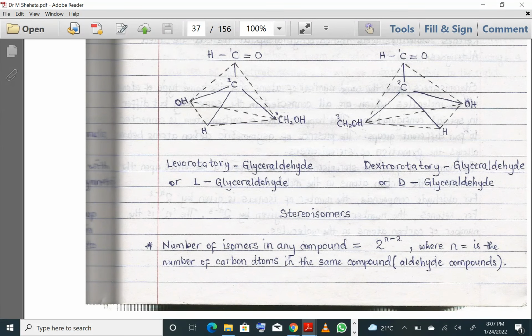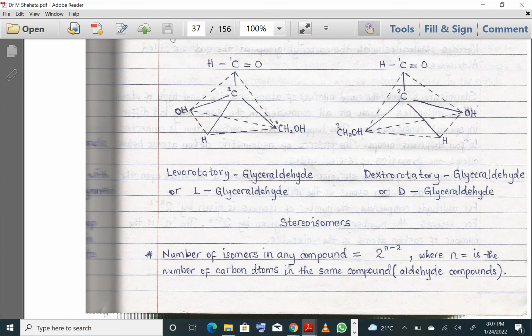Now, it's very, very important to have an idea of the number of isomers in any compound. And you may be wondering, why is there so much organic chemistry in biology? The reason is that, in as much as you enter the medical field, you learn about pharmacology, where drugs are very sensitive.